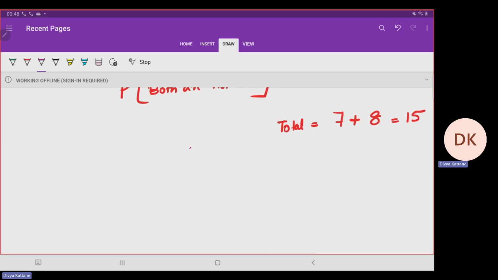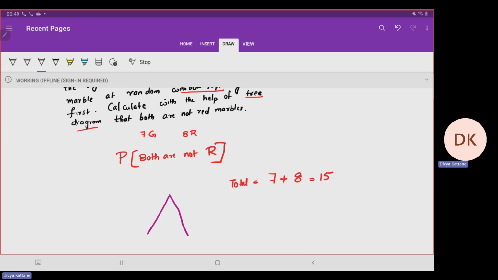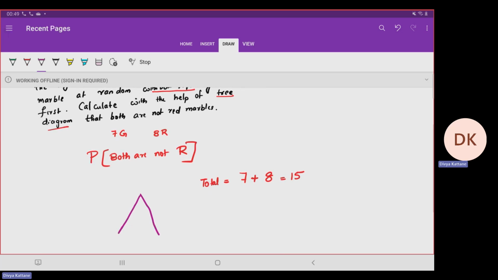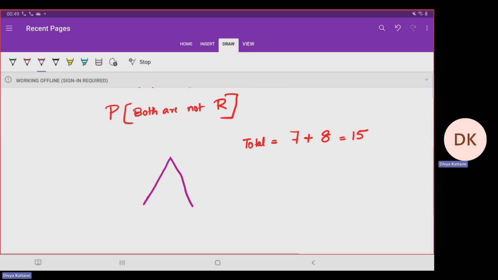So at first Ayan is choosing one marble. When he chooses the one marble, it can be red or it can be green. It can be out of 7 green or it can be any red.